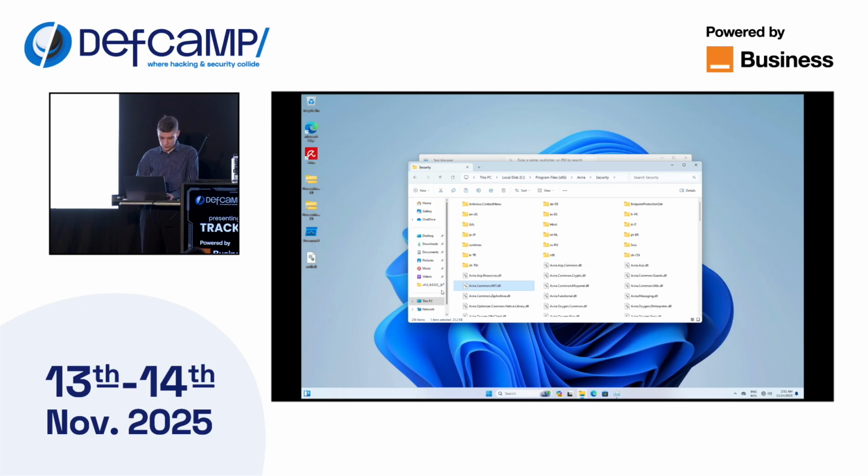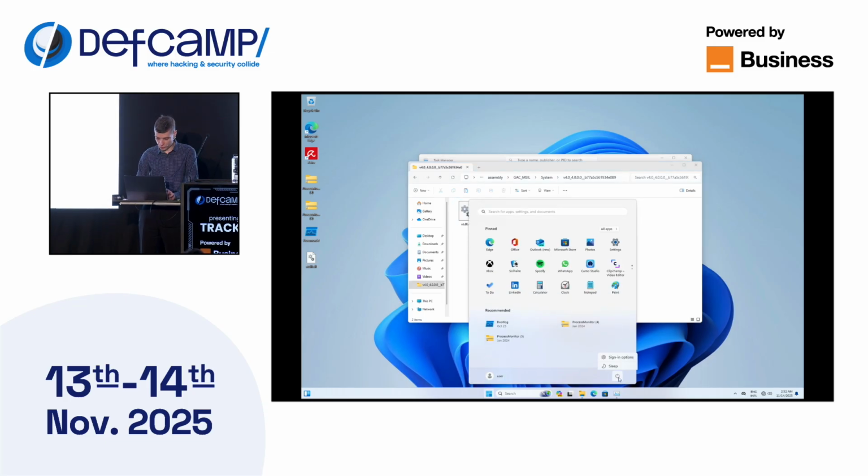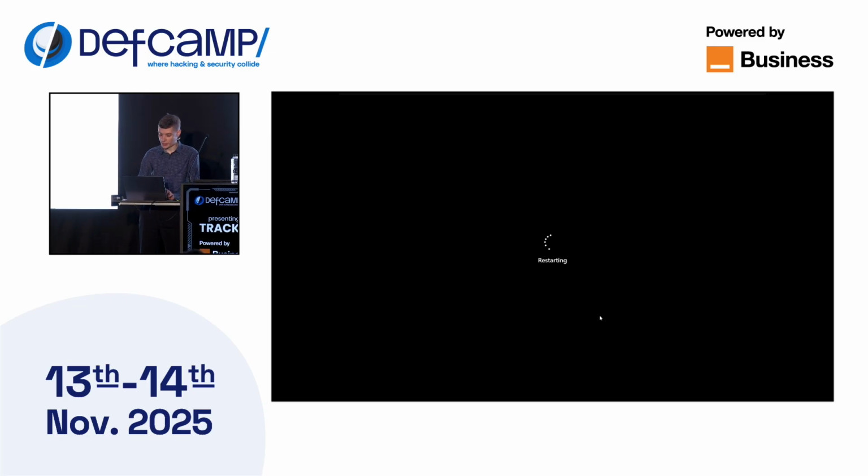However, if you move this DLL, called ntdll.dll, to this folder, which is the global assembly cache, a folder unrelated to Avira, and you restart the virtual machine, let's wait for it to start up and see what happens.